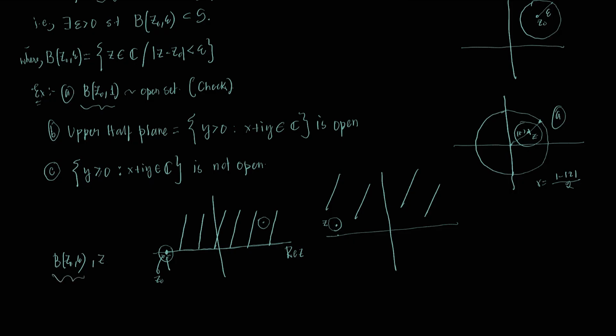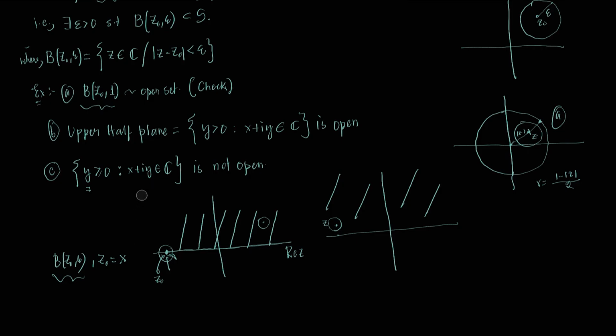Since z naught, how does it look? The imaginary part is always equal to 0, right? For z naught, the imaginary part is always 0, so just the real part is there. So x is there, and it will be in R. Now you can show that if you take this ball, there is a point in this ball which lies outside this particular set.